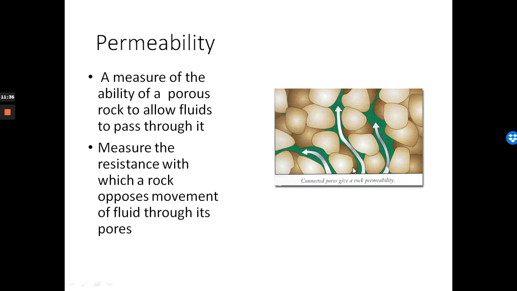If you have any fluid, it needs to be able to flow from one point, let's say from the bottom here, to another point, like a channel, or like plumbing, basically. So the ease with which the fluid flows from one point to another is permeability. Okay, so a single isolated pore has no permeability, but lots of pores which are connected to each other has good permeability.